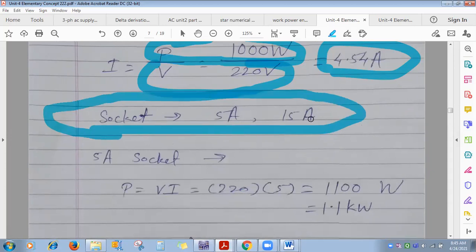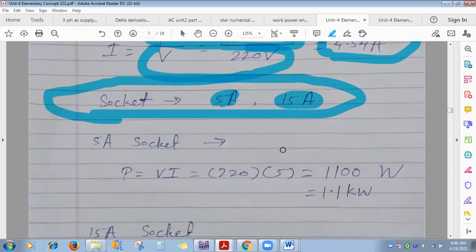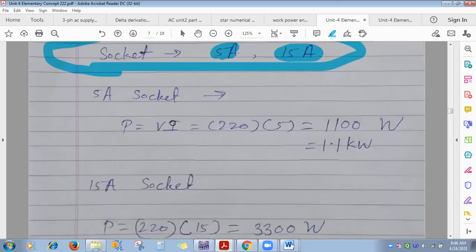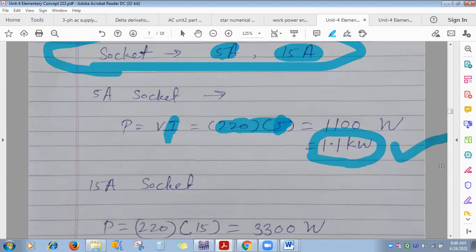Now see, the socket, all of you know, whatever socket you use at your home, it has a rating. For light load we use a 5 ampere socket, and for heavy load we use a 15 ampere socket, isn't it? So what is its meaning? For a 5 ampere socket, with the available voltage as this one, whatever equipment you can connect to that 5 ampere rating socket is up to a power rating of 1.1 kilowatt, not beyond that.